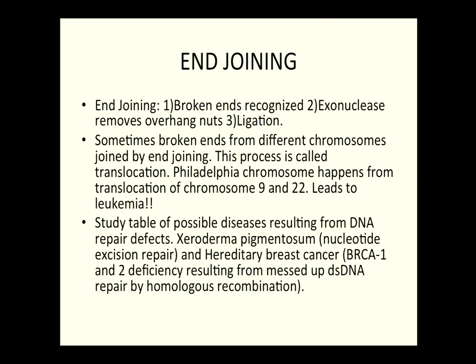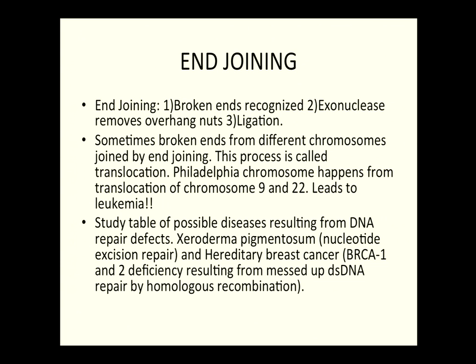And from the table of possible diseases resulting from DNA repair defects, kind of go through the diseases over there, but then I would ask you to know at least xeroderma pigmentosum, which is a form of skin cancer that happens from nucleotide excision repair defect.